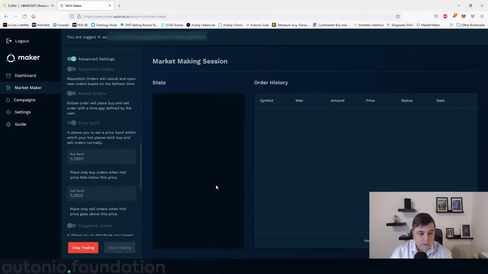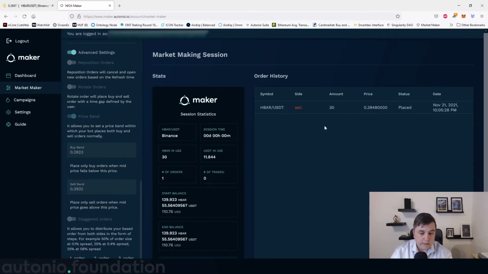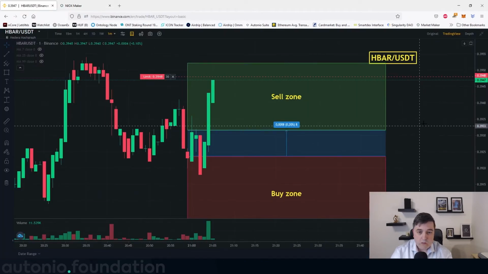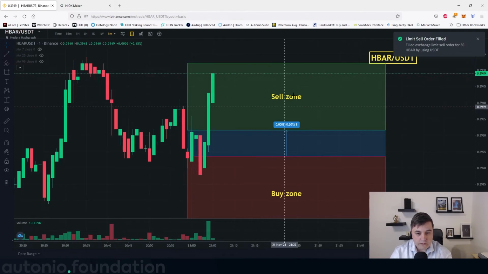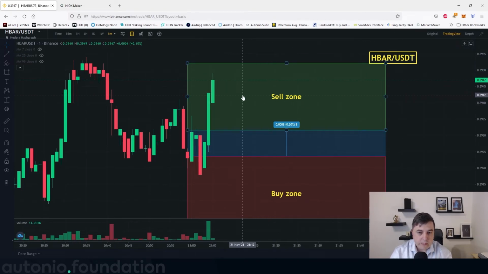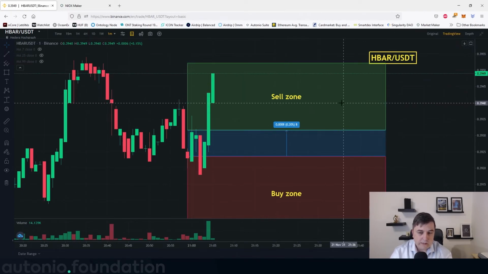Okay, let's start the market maker, and if the price action is in the dead zone, you will not see orders here, but now we see them, because we set the smart market maker option. Then with the spread of 0.1%, the market maker puts out orders over the price, not just in the sell zone. Basically, with the band trading settings, is the market maker allowed to put out orders?